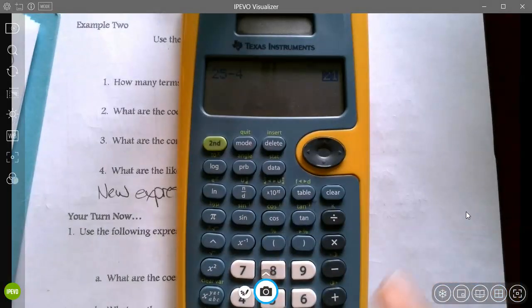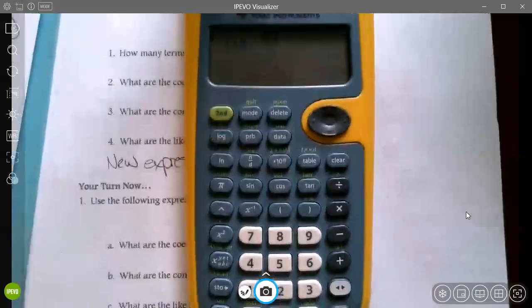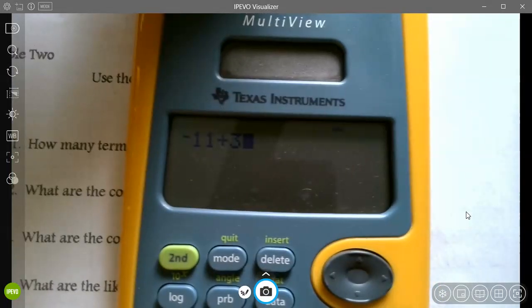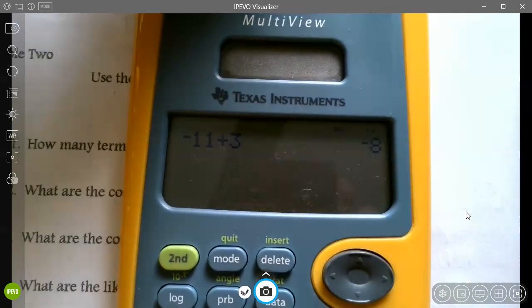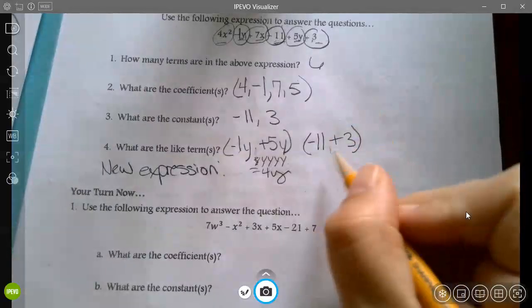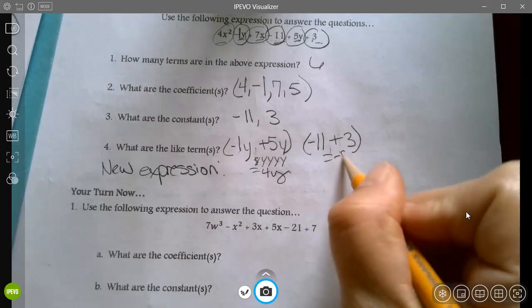There you go. On and clear at the same time. If you hit that little minus, it will give you the negative number that you're looking for. And then you could say plus 3, and it would give you a negative 8. So if I combine these, it would equal negative 8.